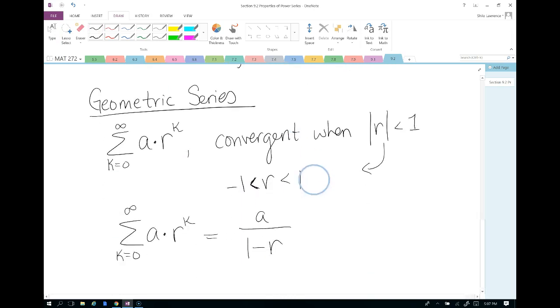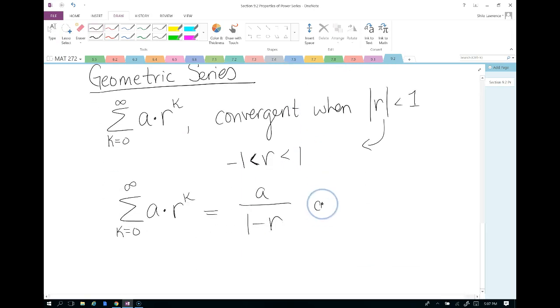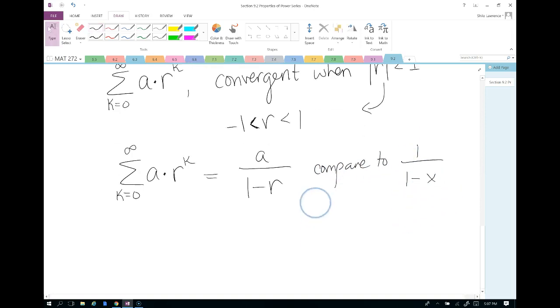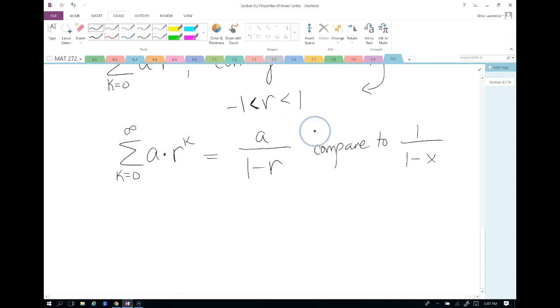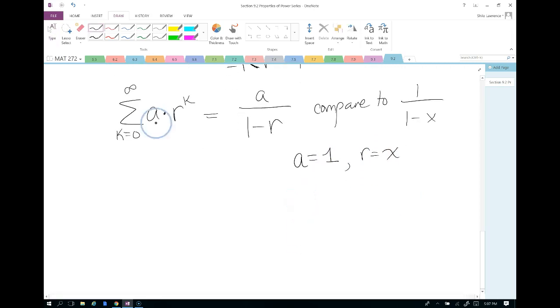So if we just compare them, we can say, oh, well, 1 over 1 minus x is just a geometric series with a equals 1 and r equals x.